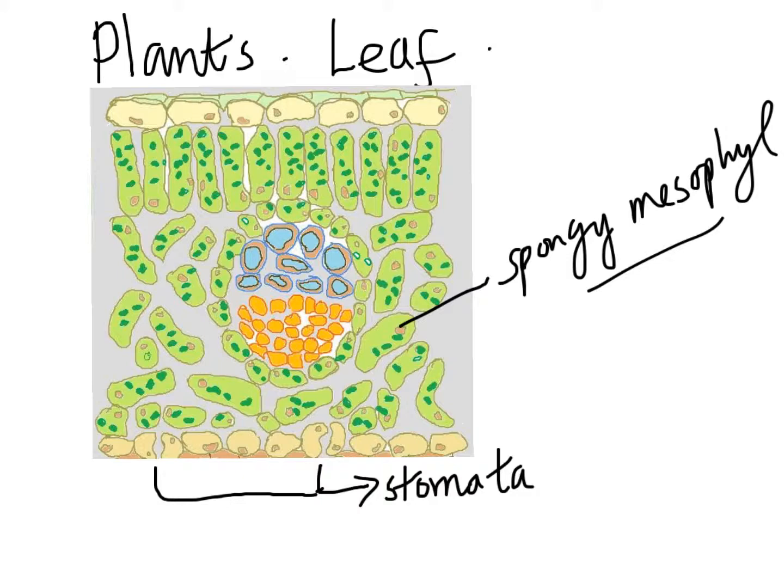For instance, let's assume that water is diffusing from inside the leaf through the stomata to the outside, and the wind is blowing that way. The wind carries away the water, or it may be oxygen or anything that's coming out of the leaf and diffusing through the stomata outside. It's carried away by the wind.